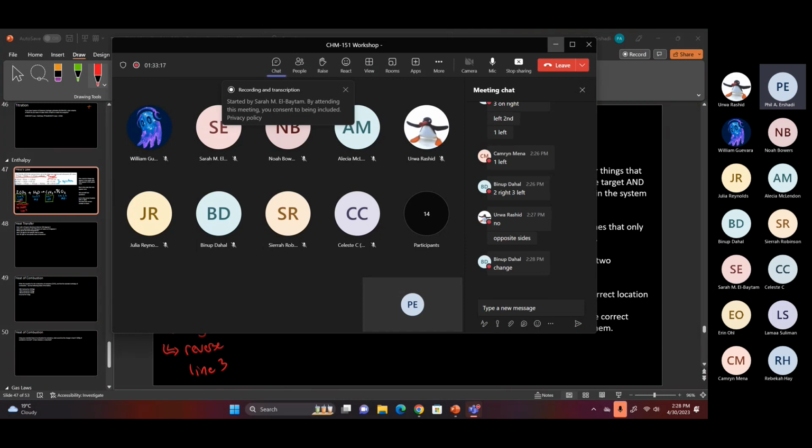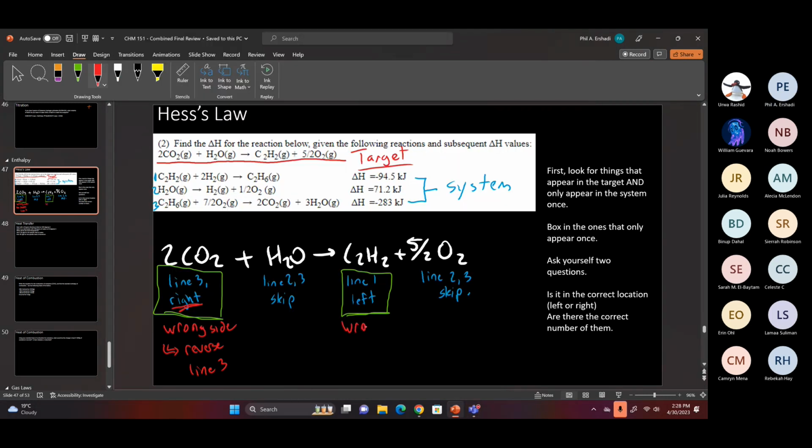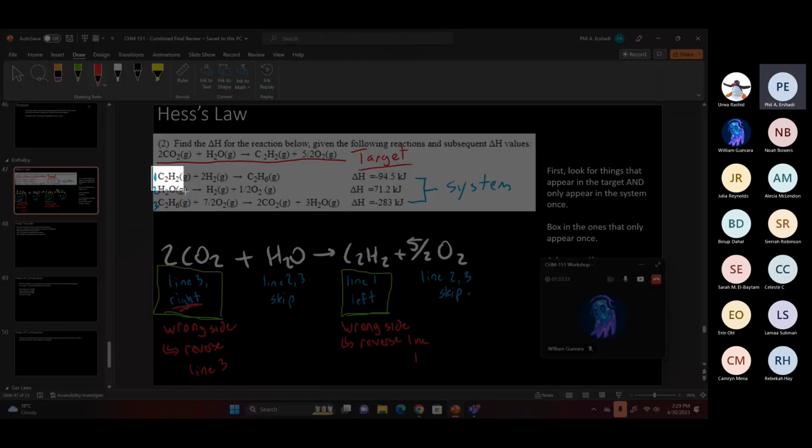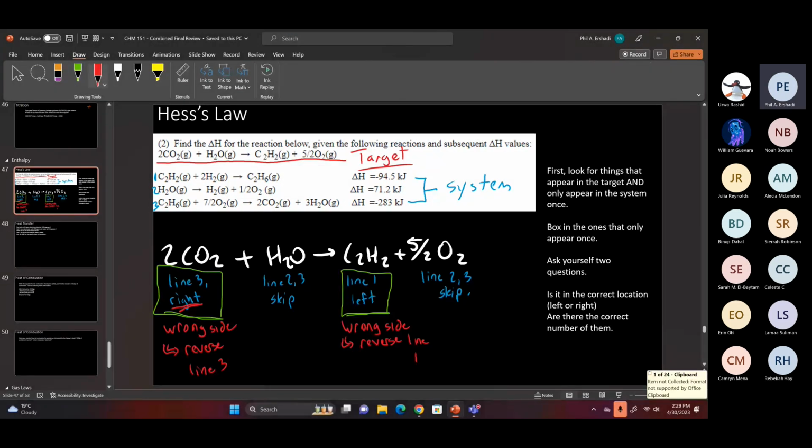Change that too. Very good. So we must also reverse line 1. All right, so I'm going to make a copy of this. And now with that in mind, let's make those changes.